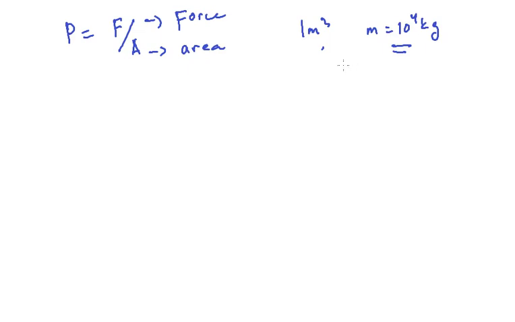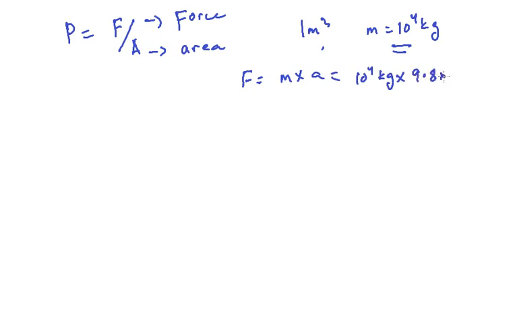If you would like to measure the force exerted on this column, it is going to be mass times the gravitational attraction, which is 10 to the power of 4 kilograms times 9.8 meters per second squared, the downward attraction.